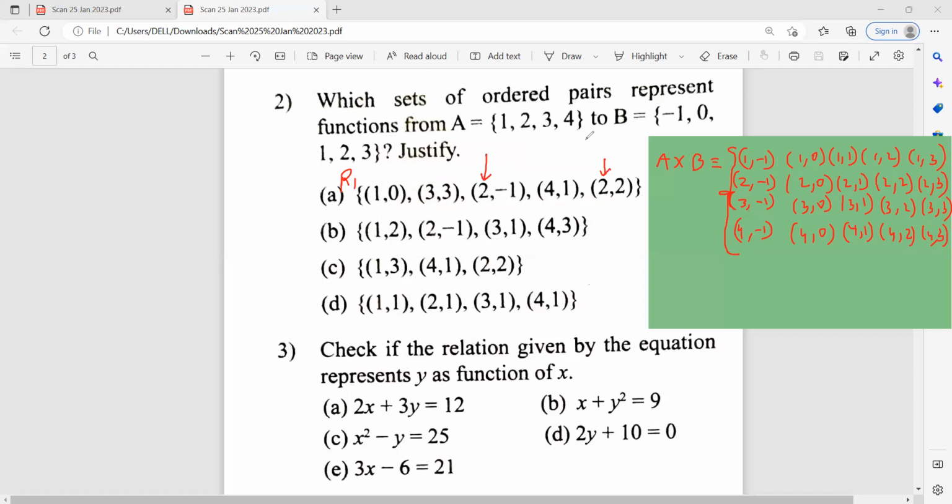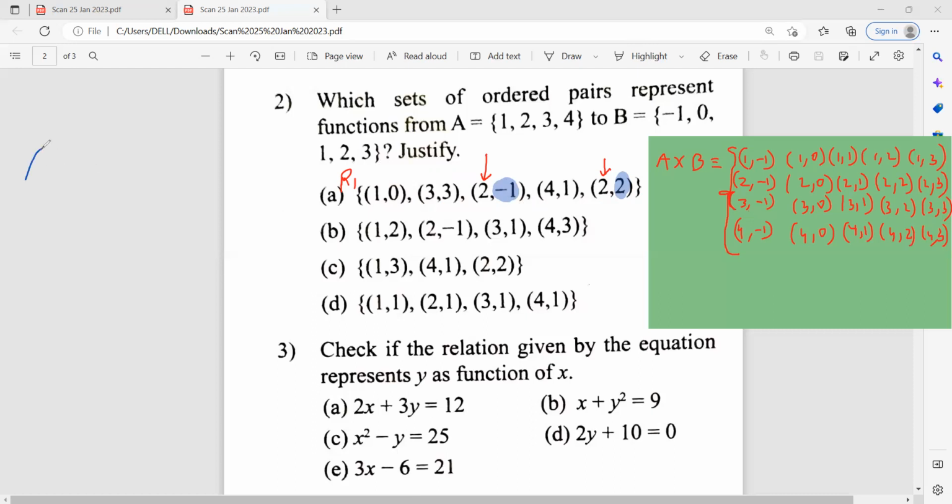It has minus 1 as an image, and it has 2 also as an image. So we do not have a unique image for 2. So this set R1 is not a function from set A to set B.